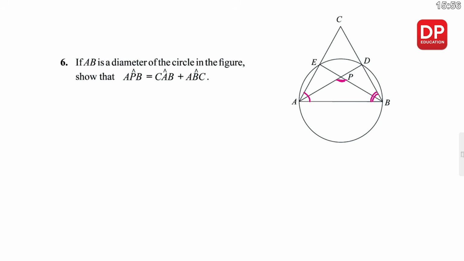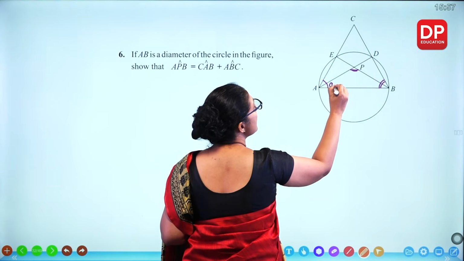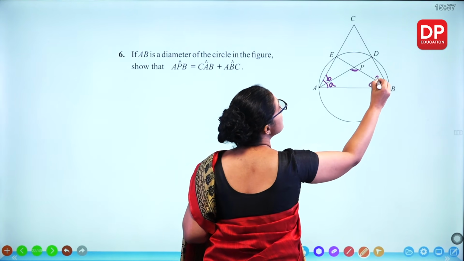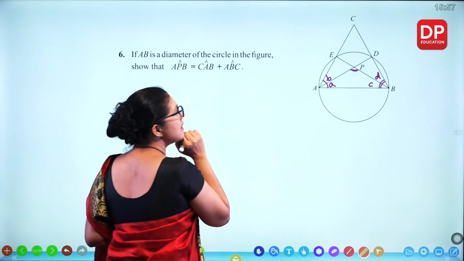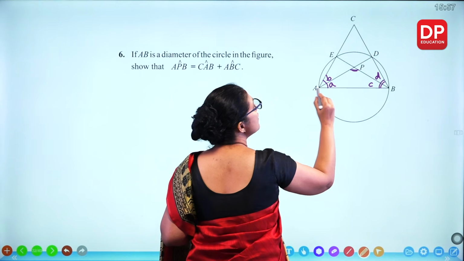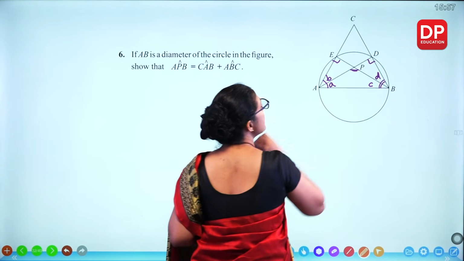So we need to identify the relationship between these three angles. So this is a diameter. We'll put separate letters: A, B, C, D. If this is diameter, this is 90, this is 90.